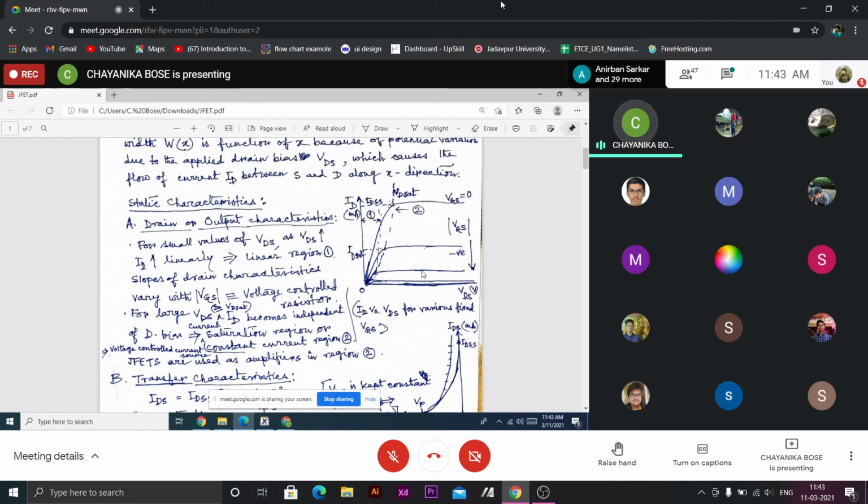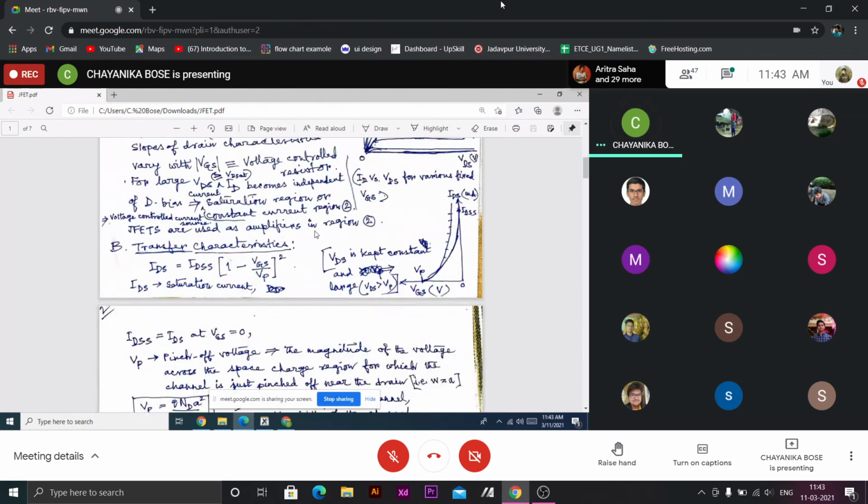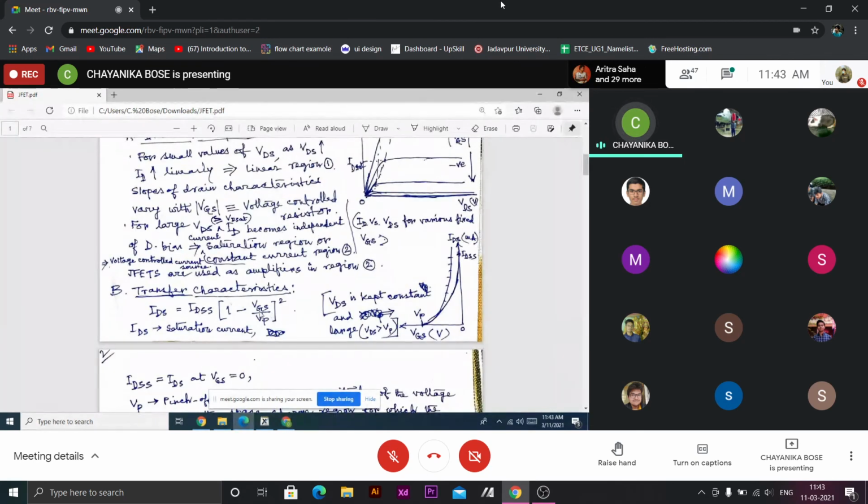The nominal current is due to thermally generated minority carriers, but there is no FET operation at all. So this is the profile. For intermediate VGS, VD saturation will follow this profile. So this is the drain characteristic, a voltage controlled resistor and a voltage controlled current source in this region. Now the transfer characteristics.